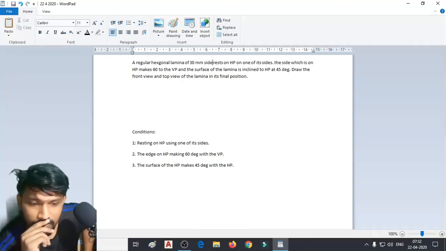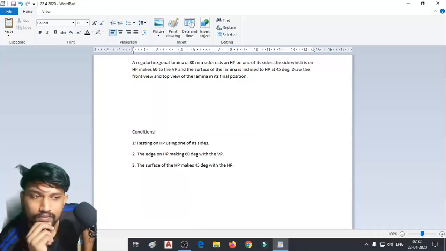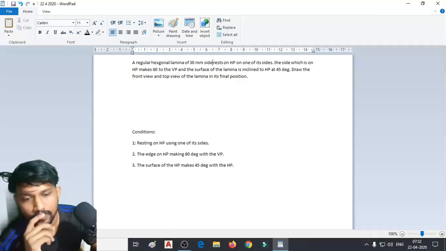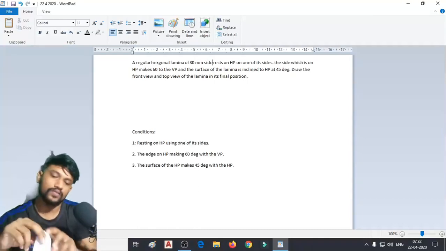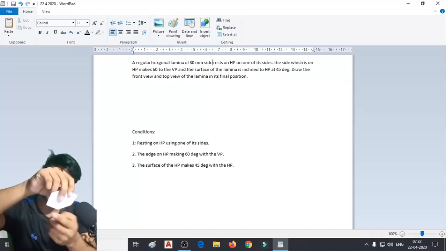And the second condition that was given is that the edge on the horizontal plane makes 60 degrees with the vertical plane. So assume that this is the edge which is resting on the horizontal plane.